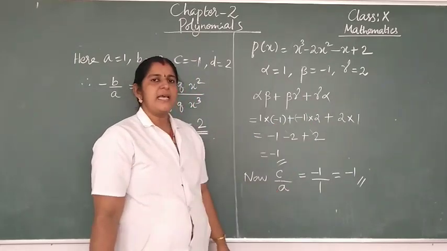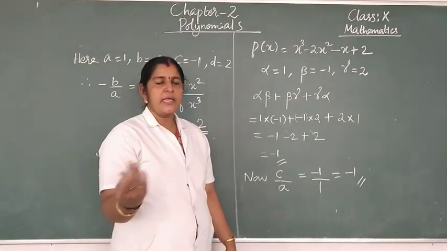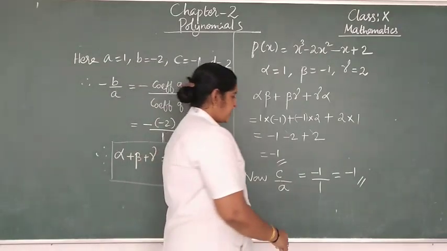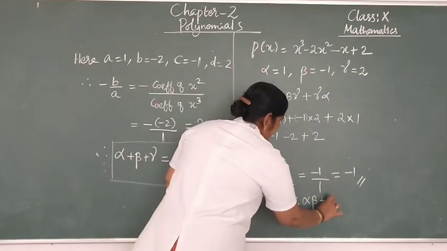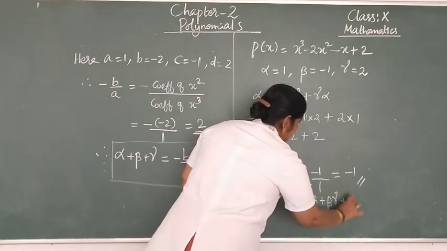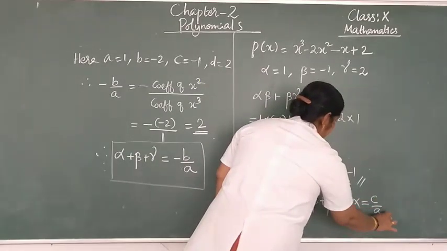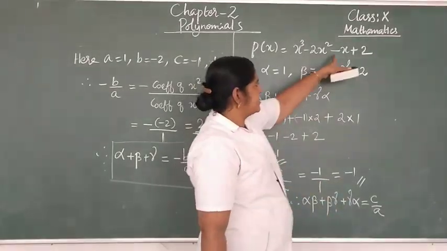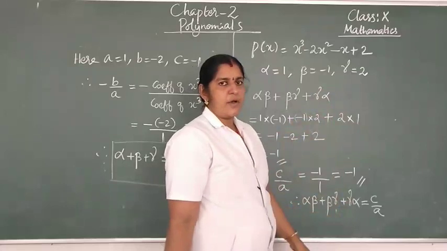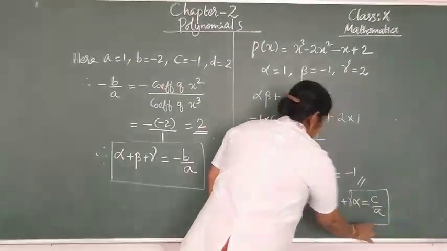That is the second relation of this cubic polynomial between zeros and coefficients. Therefore, alpha beta plus beta gamma plus gamma alpha is equal to c by a, where c is the coefficient of x and a is the coefficient of x cube. So we got the second relation.